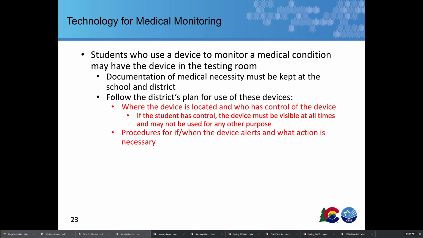If a student uses a phone to monitor their medical needs, then we have to have documentation in place. We need to follow the plan for the use of these devices, like where it's located and who has control of the device. If the student is monitoring it themselves, then the device has to be visible at all times and cannot be used for any other purpose. And we have to have procedures in place if the device alerts. So what happens next?